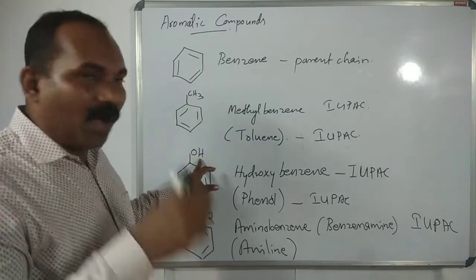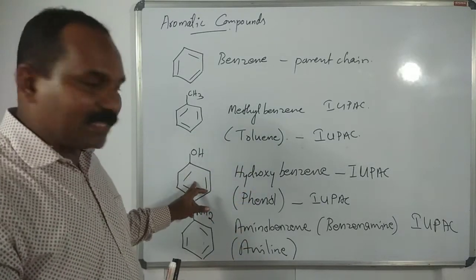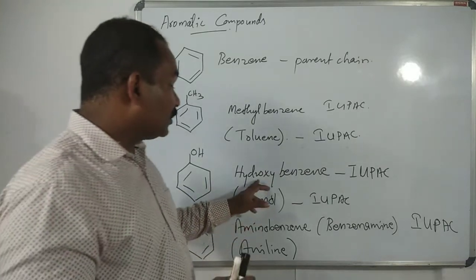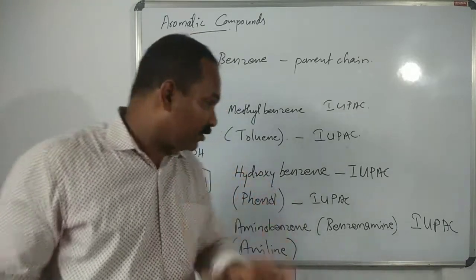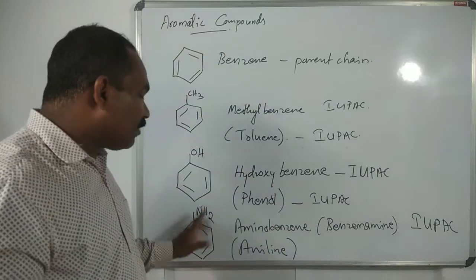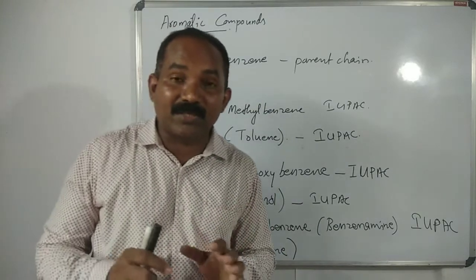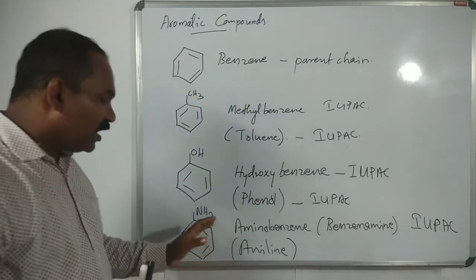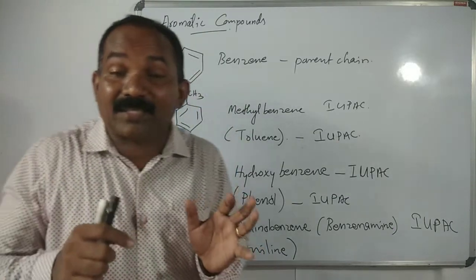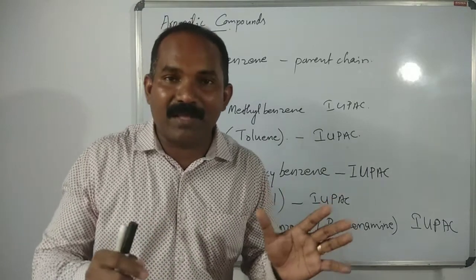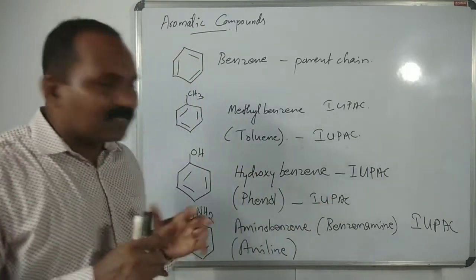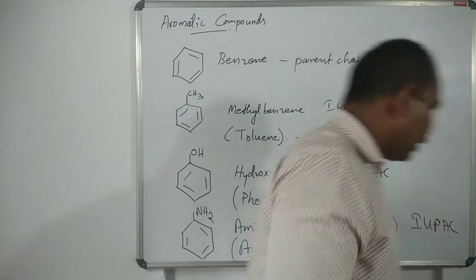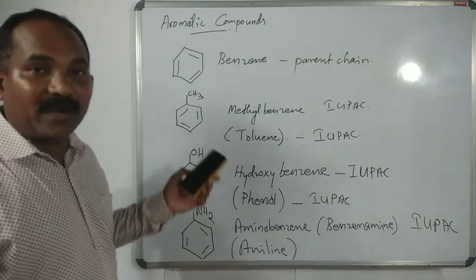When an OH group is on the benzene ring, the common name is phenol, and the correct name is hydroxybenzene. If an NH2 group is attached to the benzene ring, it is aminobenzene, and its common name is aniline. Okay, let's discuss more examples. Hope you understand this.